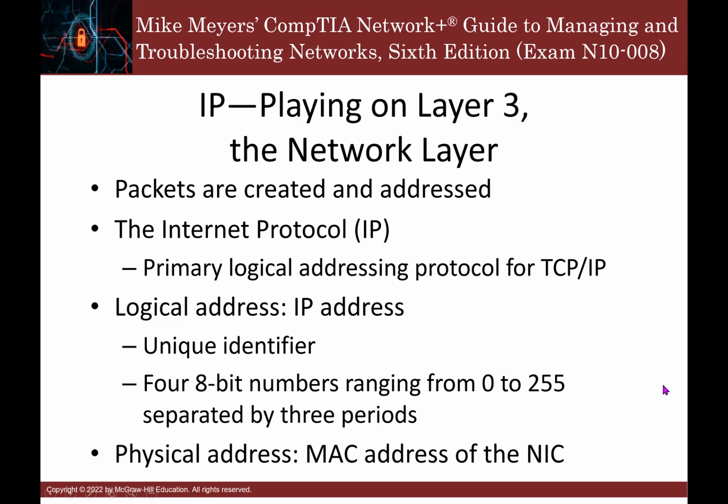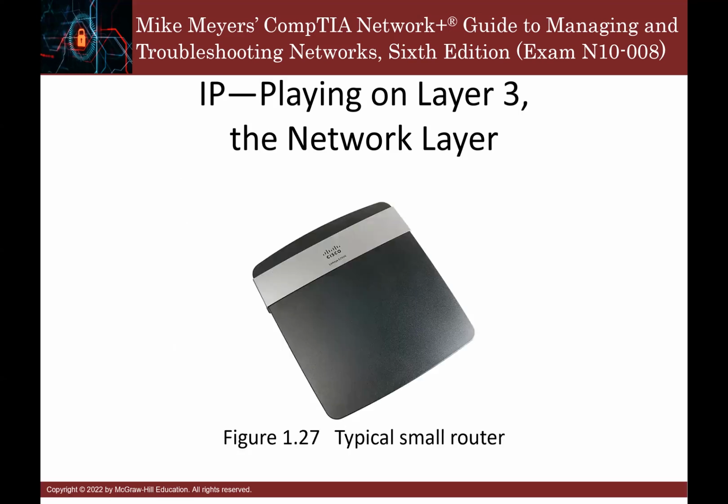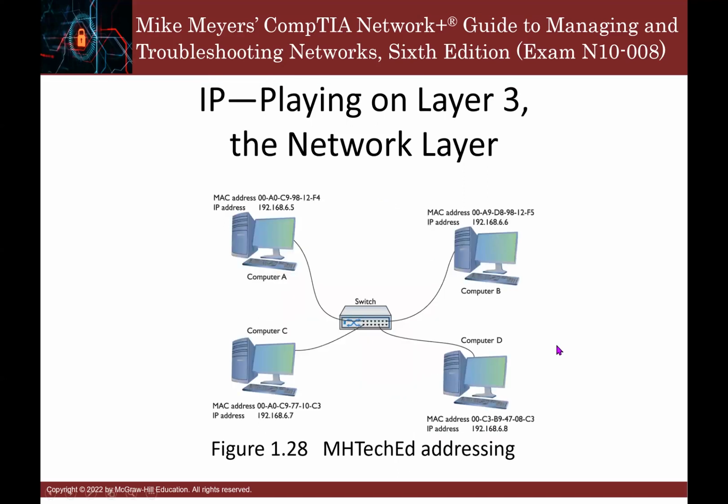So we have our physical addressing, that is the MAC address from the NIC. This is a small router, just demonstrating that we have to have a layer 3 device that can route or direct the traffic for IP addressing. But when you get into the Cisco courses, you'll see much more complex routers that are the enterprise level routers.